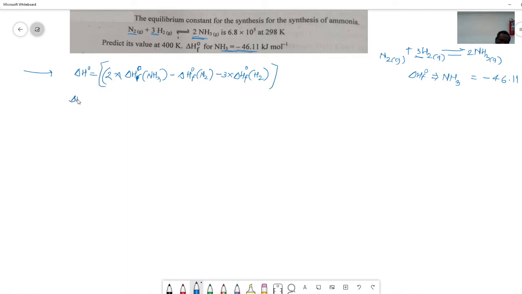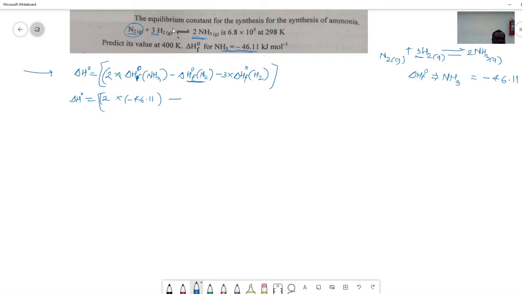Now delta H0 is equal to 2 into delta HF0 for NH3, that is minus 46.11 kilojoule, minus delta HF0 for nitrogen. It is not given, but we know the standard enthalpy of formation of a molecule in its standard state is 0.